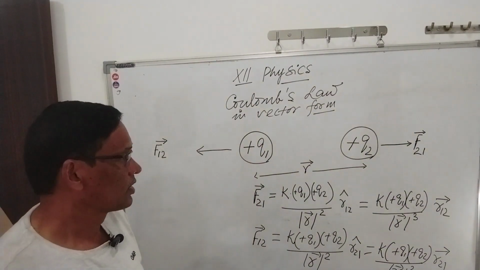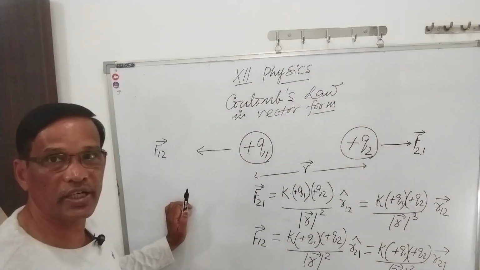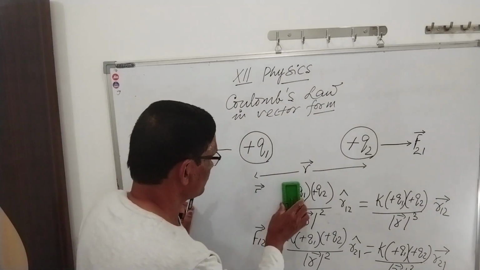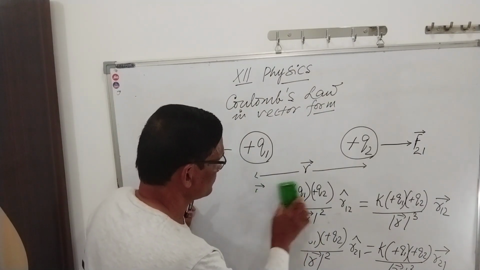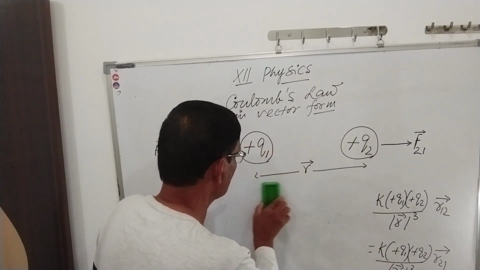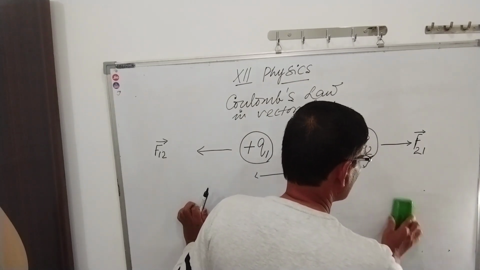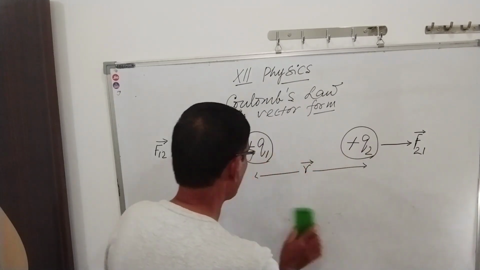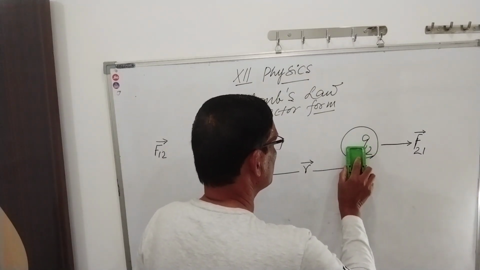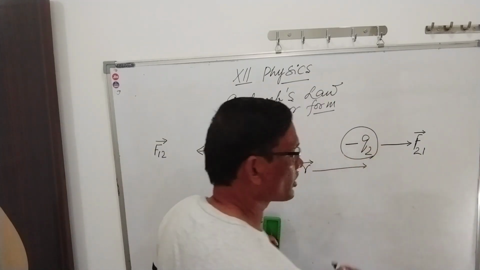Let us take one of the charges negative and try to understand what is going to happen for this, right? Say one of the charges I am taking as negative. This charge suppose I take as negative charge.